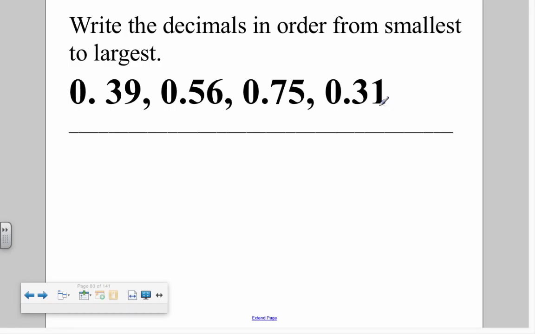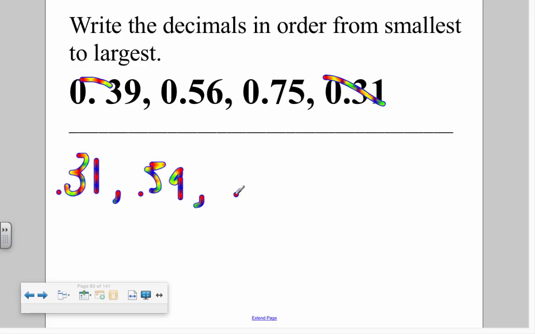So now I simply need to put them in order. 0.31 is my smallest. 0.39 is the next. 0.56 is my next. 0.75 is the greatest.